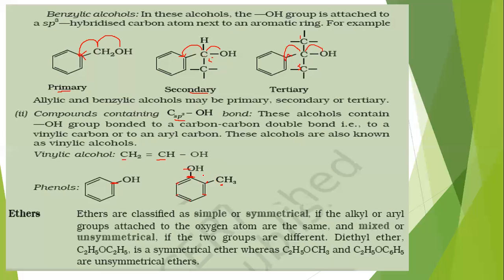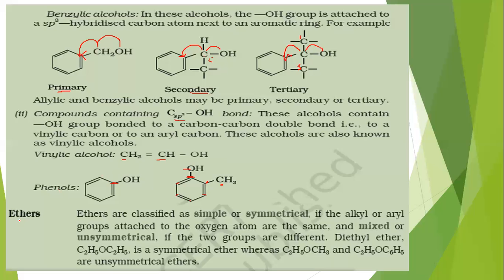So these vinylic alcohols are the alcohols in which the OH group is bonded to an sp2 hybridized carbon, or directly to that carbon which is doubly bonded, or which has a double bond. Okay.